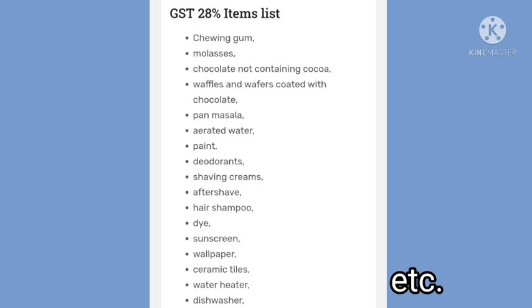And in 28% GST rate, the products are chewing gum, shaving cream, deodorant, aftershave, hair shampoo, ceramic tiles and etc.